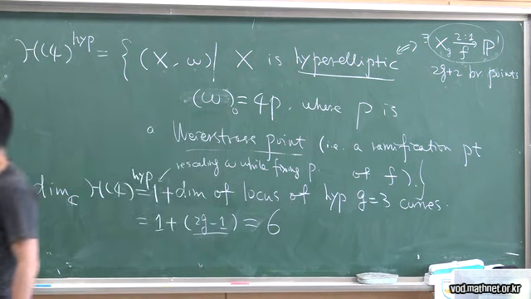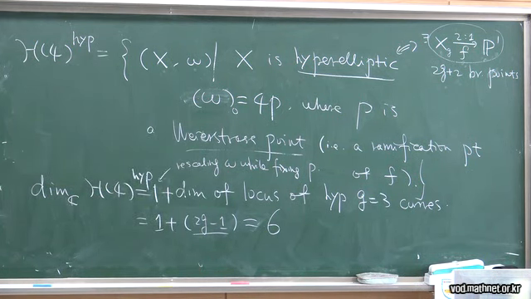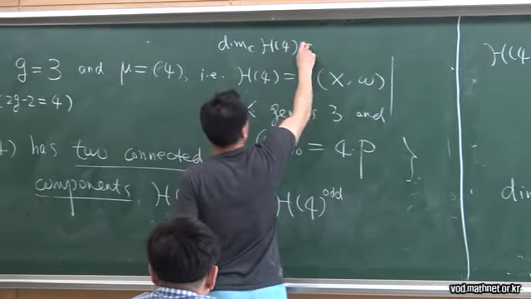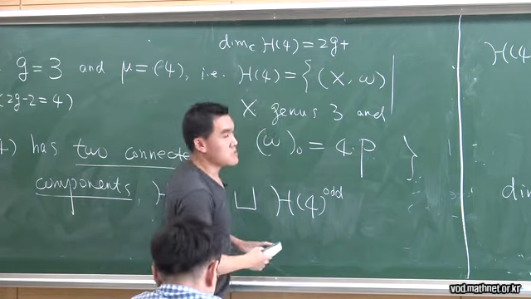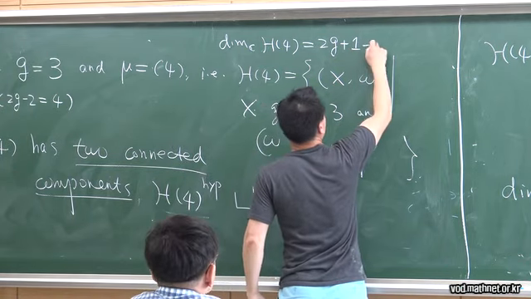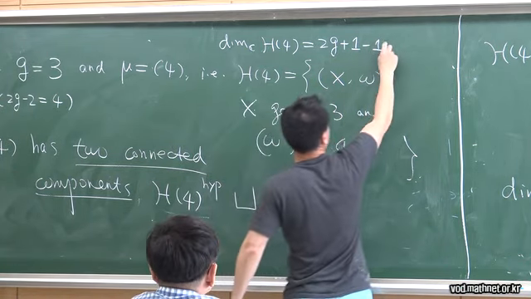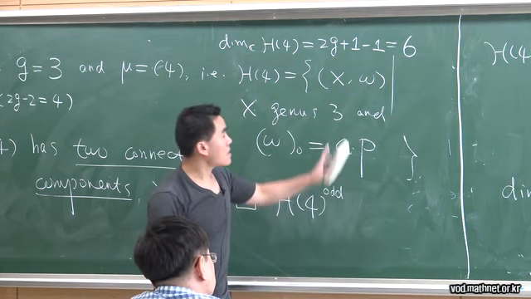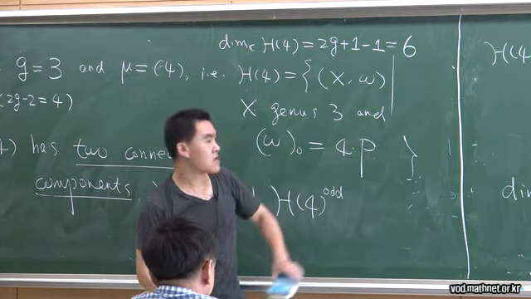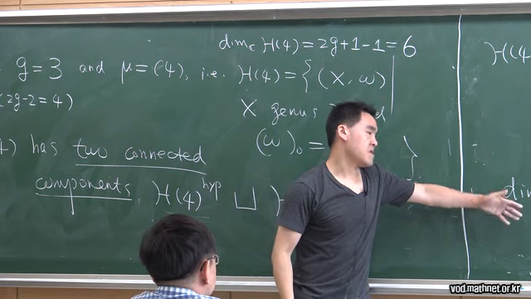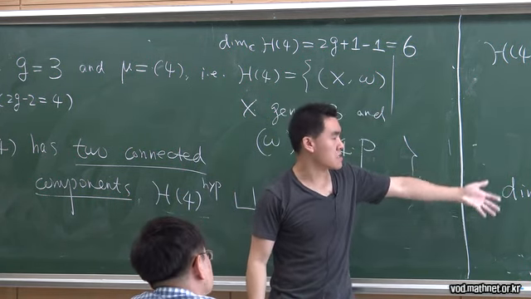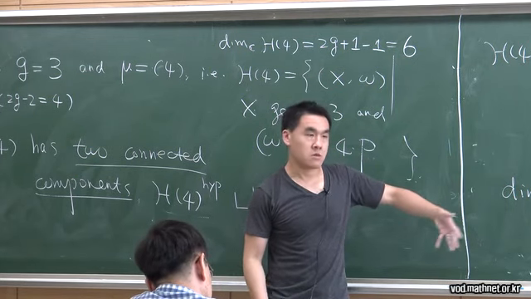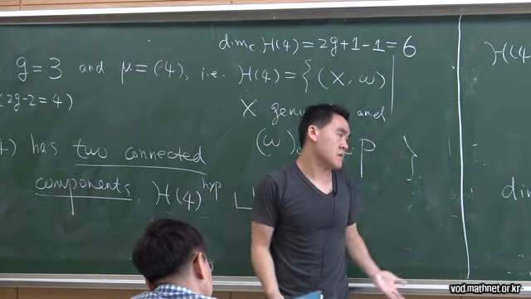What is the dimension of the total space? Let's keep in mind, by the formula, it's 2G plus the number of distinct zeros, I have 1 zero here, plus 1 minus 1. In this case, genus 3, it is still 6. I get equal dimensions. Whatever this is, it gives me a component. And you can show that the hyperelliptic locus in this case is connected, and it's also a complex manifold.